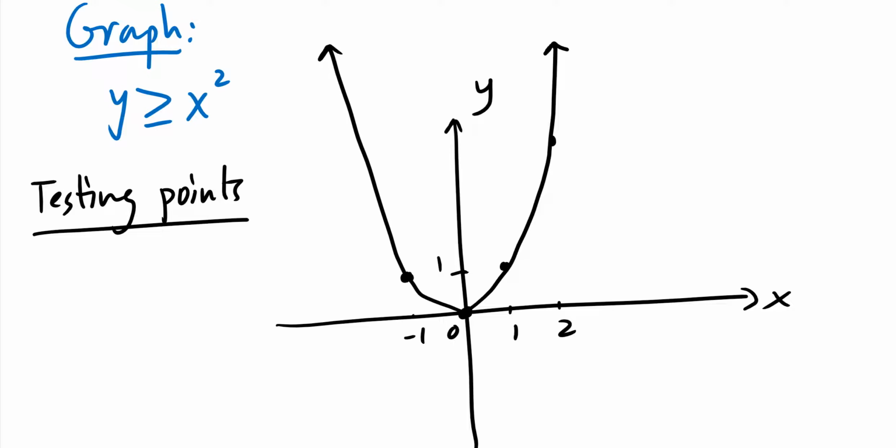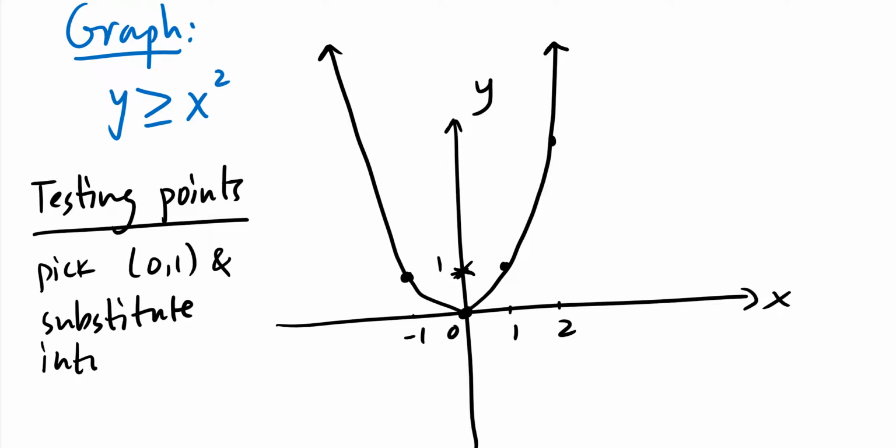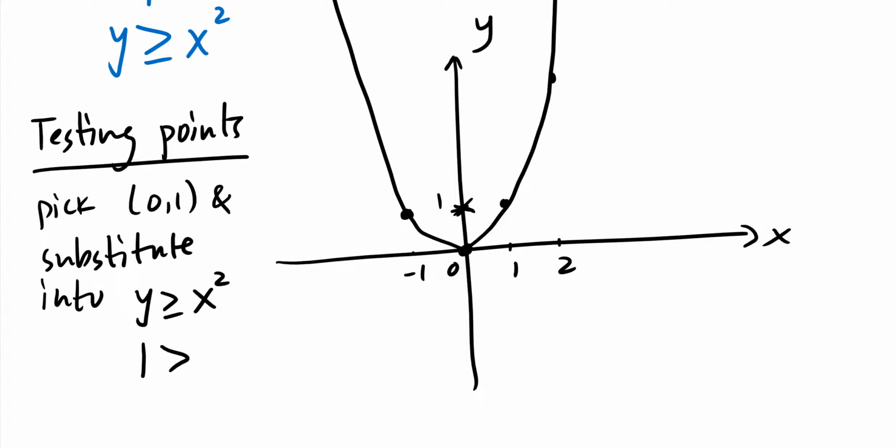Let's say I pick this point (0, 1). Substitute into the given inequality, x is 0 and y is 1. What do I get? 1 bigger than or equal to 0. Is that true? Yes, it's true.